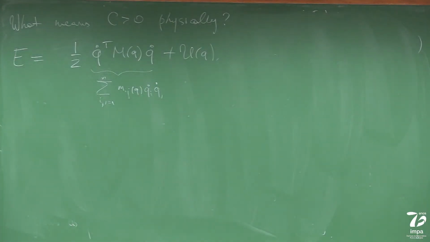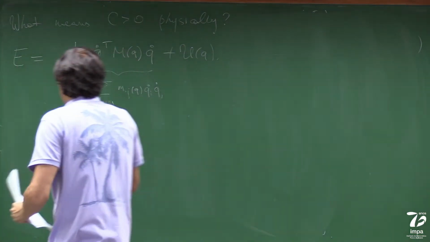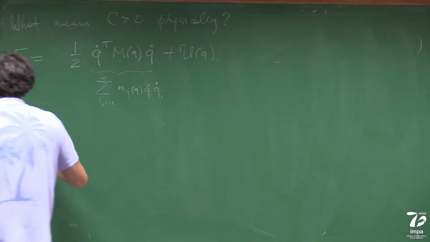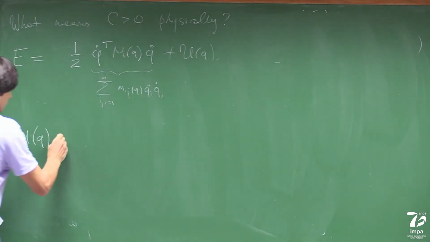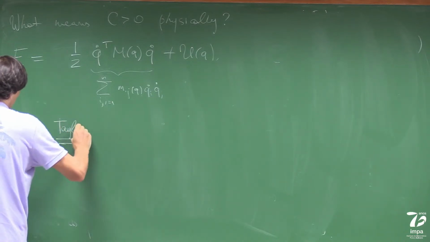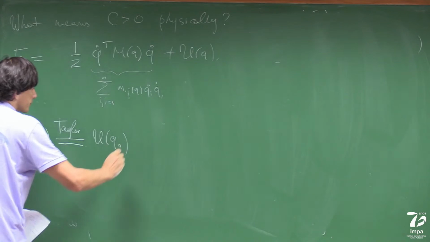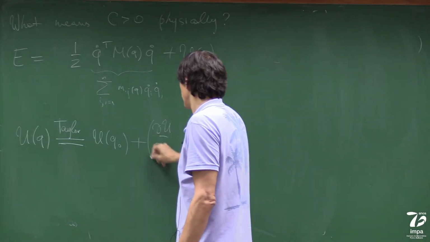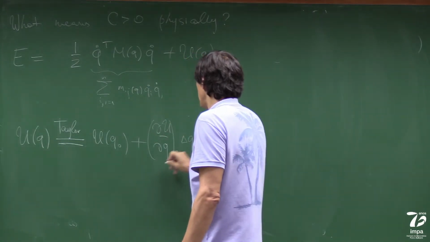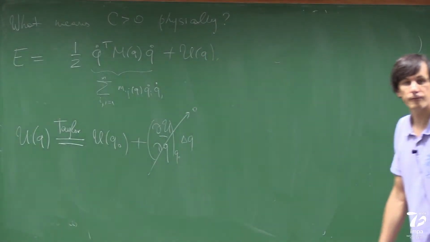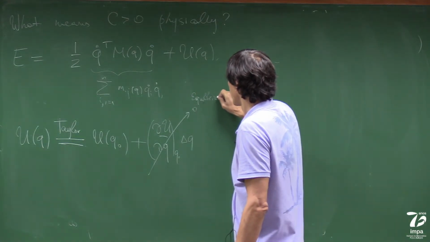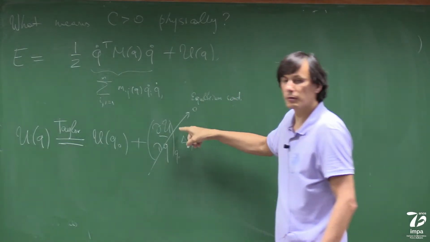Right. So what do we have from this? Remember that U of Q expanded in the Taylor series was U at Q0 plus linear terms, and this was 0 because of the equilibrium condition.